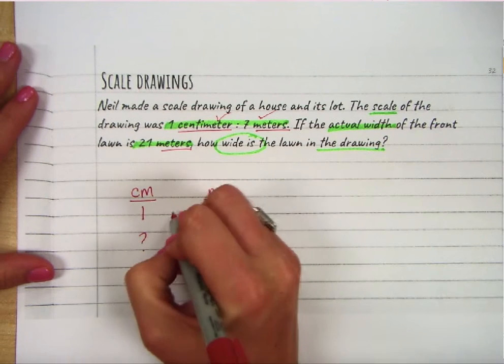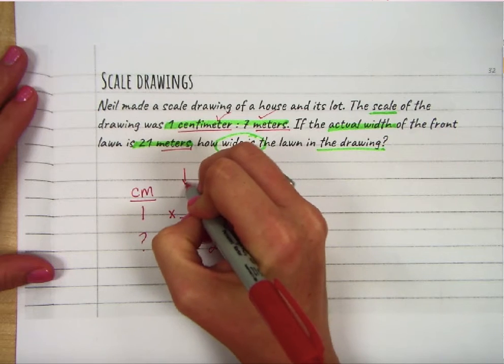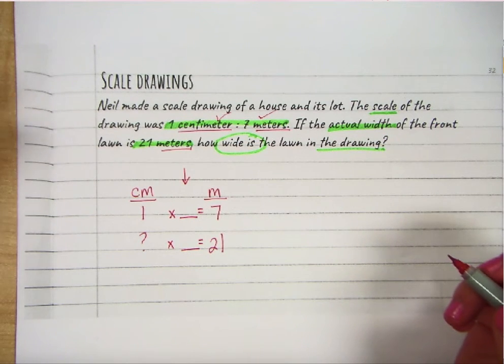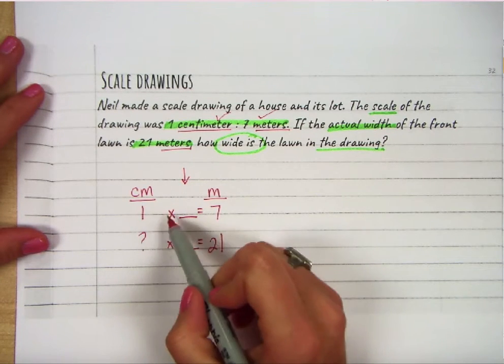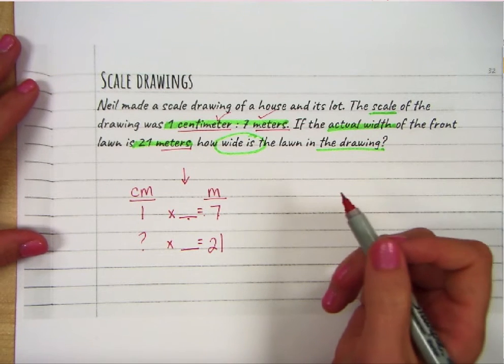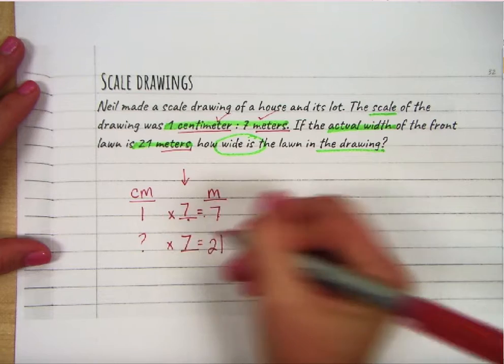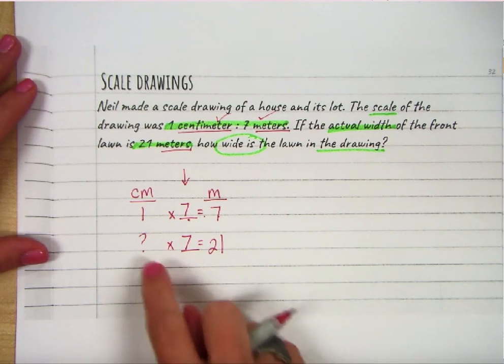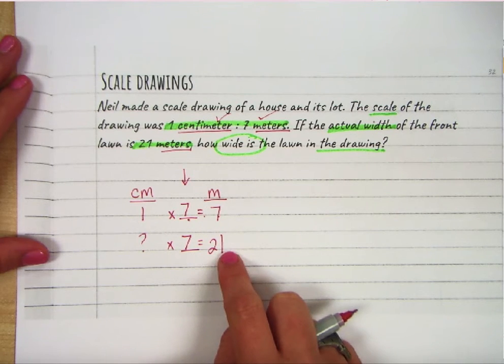Now I need to find the scale factor. And remember, the scale factor, because this is a scale drawing, is going to be the same for both sets. So 1 times some number equals 7. I know that 7 times 1 equals 7, so I know that my scale factor is 7. Now the question is, what number times 7 gives me 21?